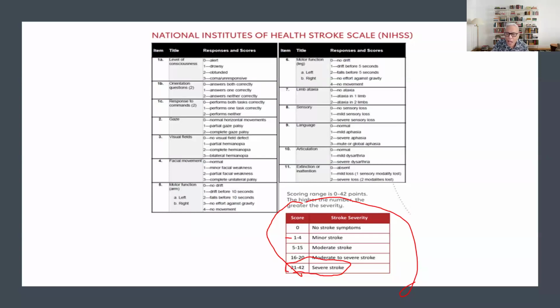Okay, so that is the NIHSS scale. This is most likely to come out in the NCLEX rather than the Cincinnati scale. So remember that 0 is no stroke symptoms, and anywhere from 1 to 42 would indicate that a stroke is present, and the higher the number, the more severe the stroke is.